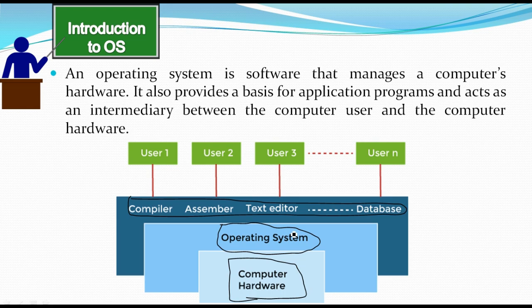We can say computer system is roughly divided into 4 components like hardware, operating system, application program, and the user. As far as the hardware is concerned, hardware is nothing but a CPU, memory, input output devices, right. So these all devices, hardware provides the basic computation resources for the system. User can interact with the computer with the help of this hardware. So these are CPU, memory, IO devices.